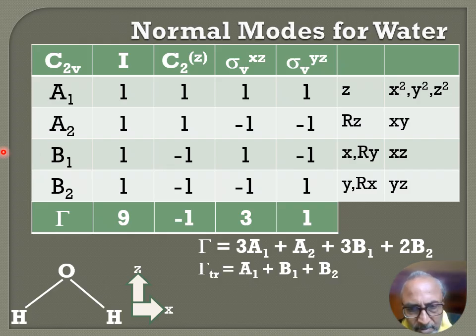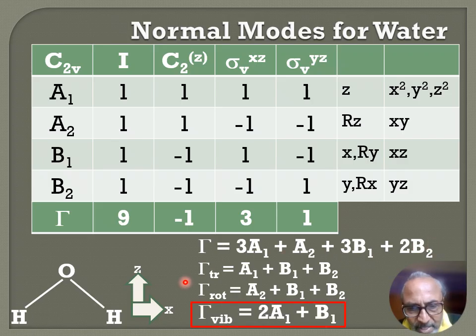So we have the three translations will take away one A1, one B1, and one B2, and the three rotations will take away the A2 and another B1 and another B2. So subtracting out the translations and rotations, we are left with gamma vibration is equal to 2A1 plus B1.